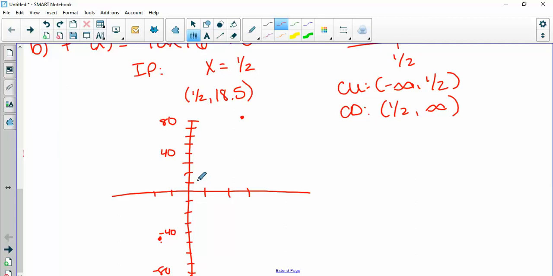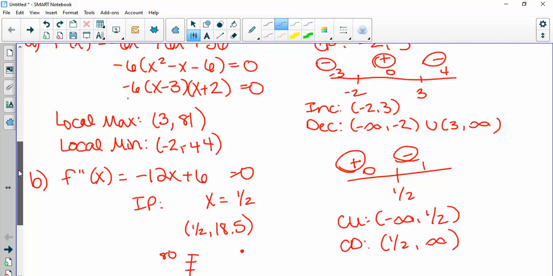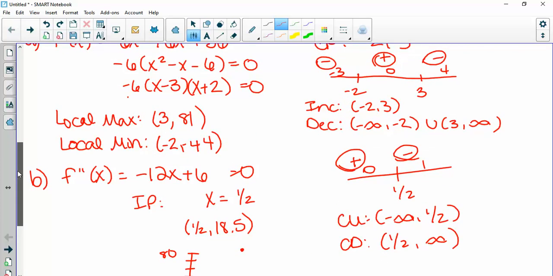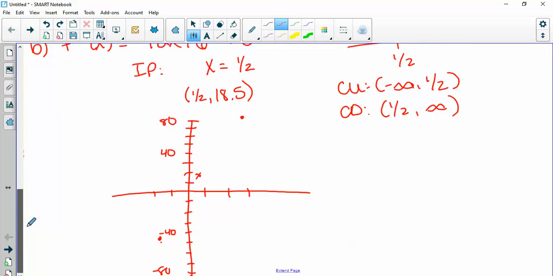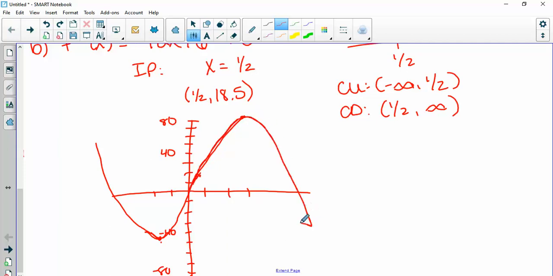Inflection point, 1/2, 18.5, we mark that with an X. Okay, our graph starts out concave up, so curving upward until we get to that X. And it is decreasing until we get to -2. So we're decreasing, curved upward. At -2, we switch to increasing, but we're still curved upward. After the X, we're curving downward. Isn't that beautiful?